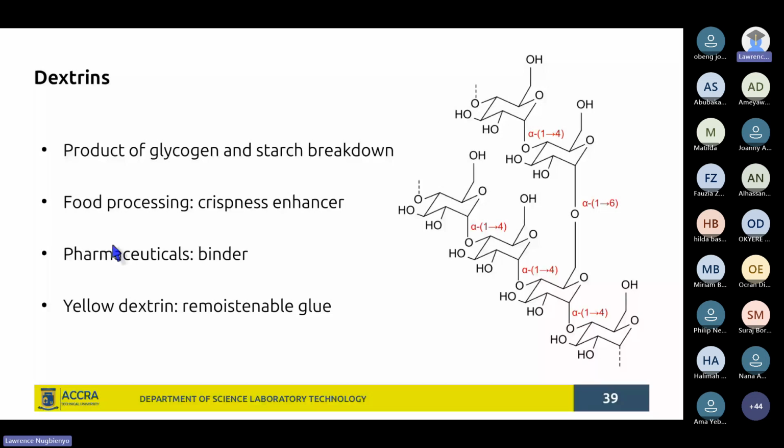Now, such glues contain dextrins. Which is why if you should use your tongue on it, you will see that it has a sweet taste. And that's because of the dextrin. The dextrin is a sugar, and so you have such a sweet taste coming from it.